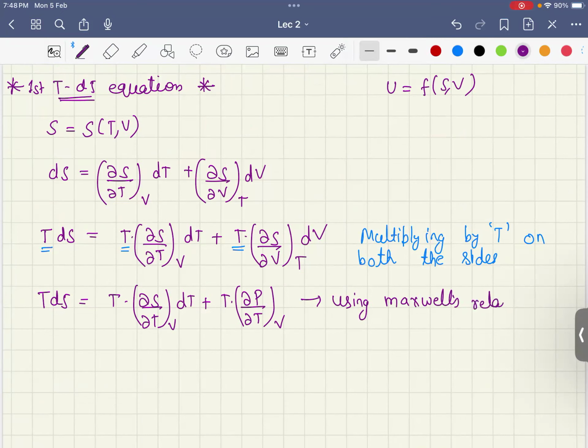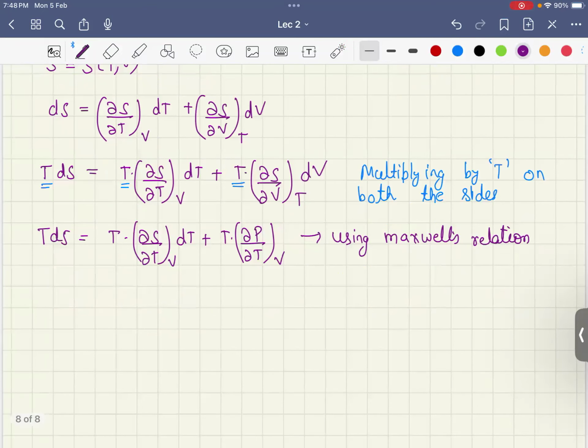Now I want to get rid of this also. I want to replace this also. So now we are going to replace that. Now how?